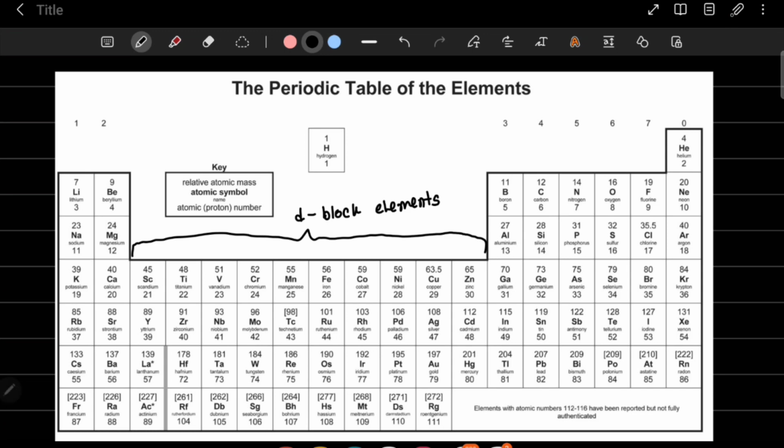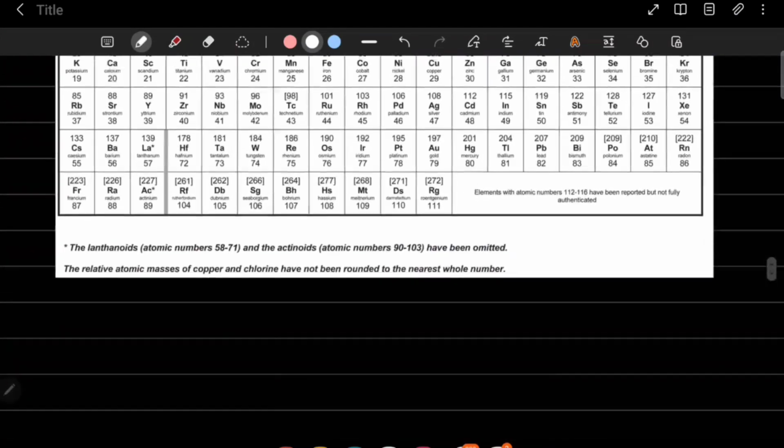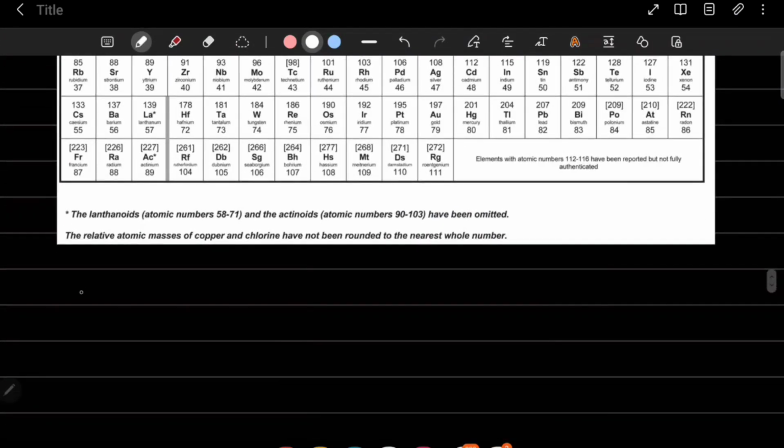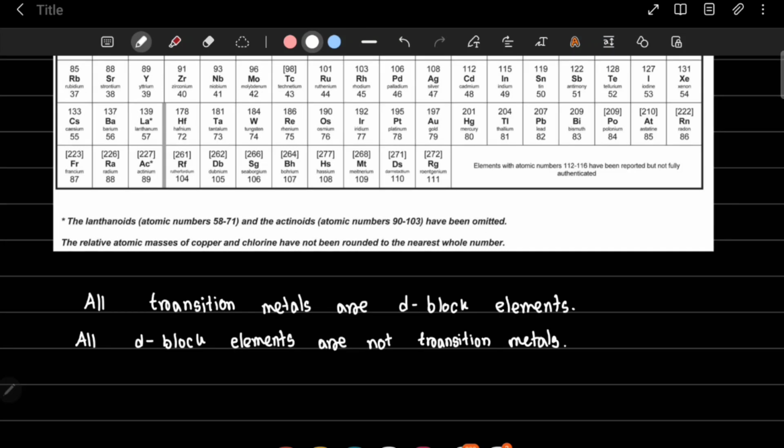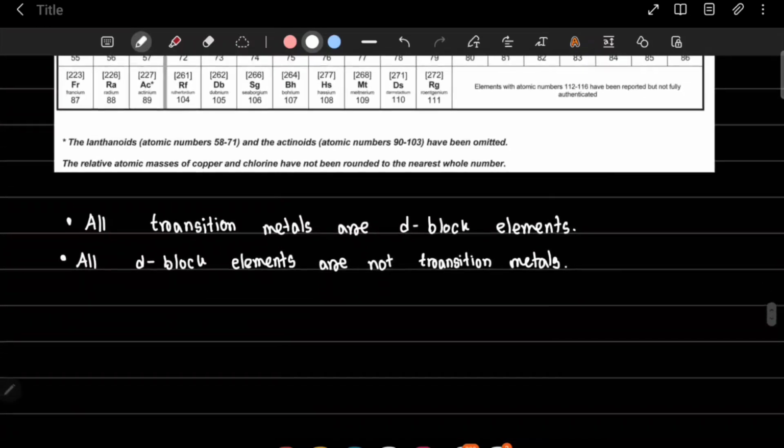However, it's not the other way around. So this is what we have to remember, that all transition metals are D block elements, but not all D block elements are transition metals.